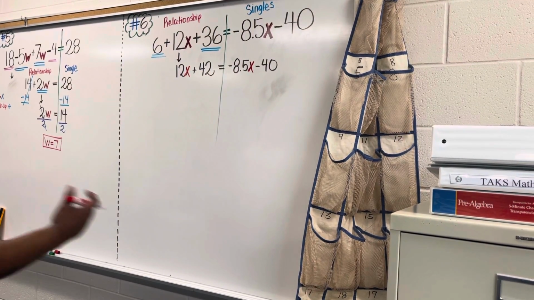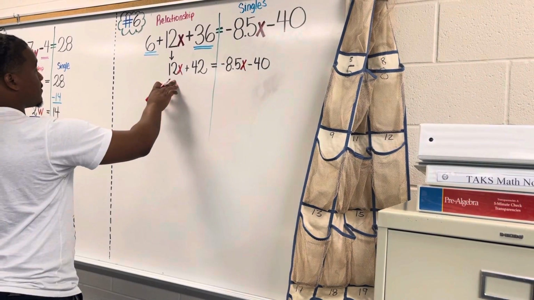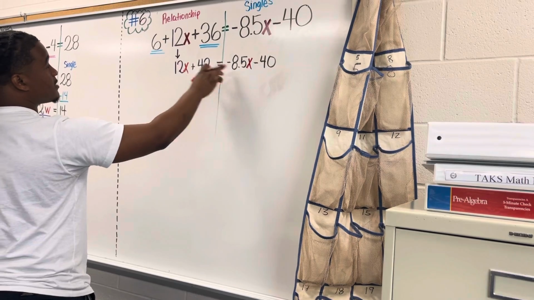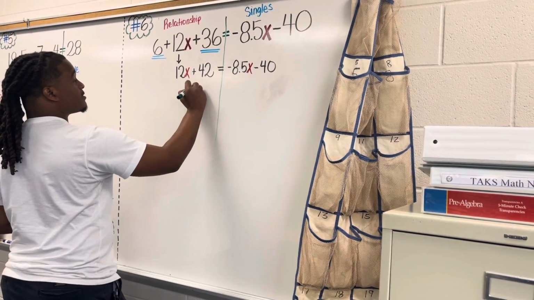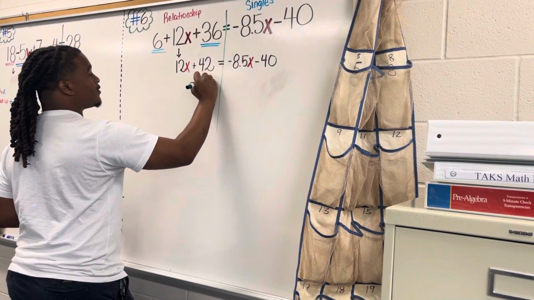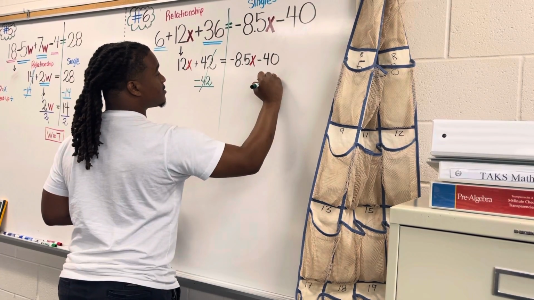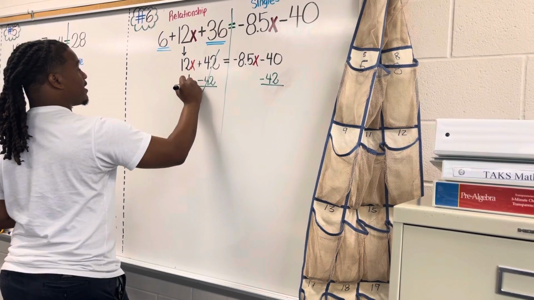Now it's all about moving things to their appropriate sides. 12 times x is in a relationship, so we're on the relationship side, we're good. 42 is not in a relationship, it's single, so it needs to move to the single side. The opposite of plus 42 is minus 42, so I'm going to subtract 42 on both sides. Now everything else comes down.